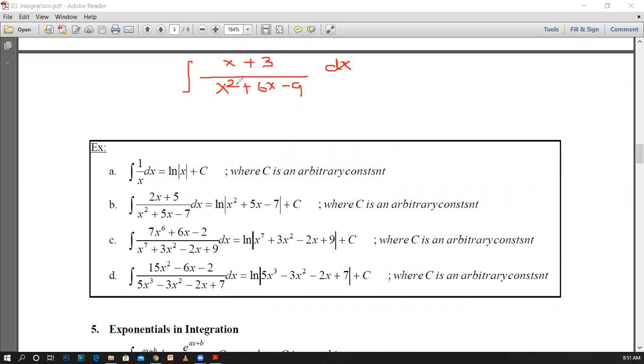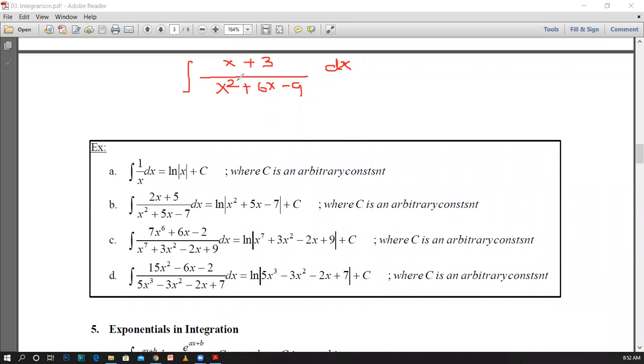Now, you cannot apply any rules that we have discussed so far. It is because this is not an identity function, or just a constant. It is not in the form of x to the power n, and it is not in the form of x plus b to the power n.